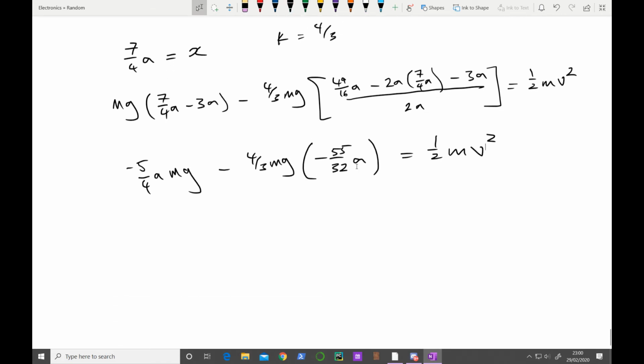I'm going to get rid of my m's because they appear on all sides, so it's redundant. So I'm left with 55 over 32 plus 5 over 4. Actually, that's wrong because I neglected this 4 over 3. So 55 over 32 times 4 over 3, or take away rather, take away 5 over 4.